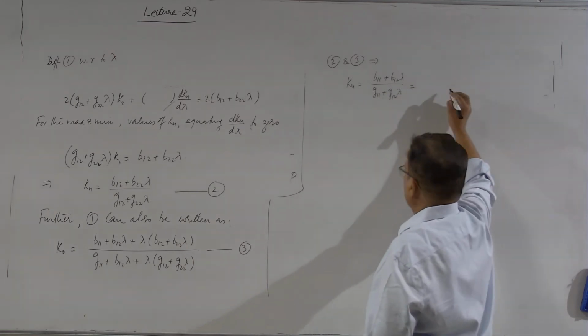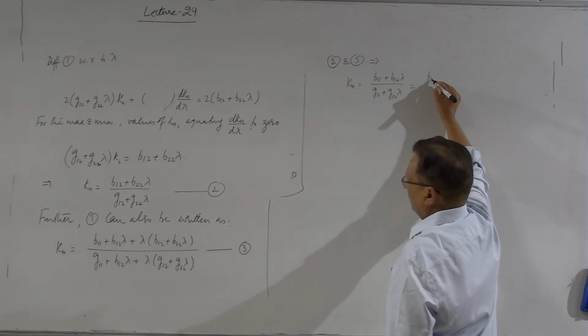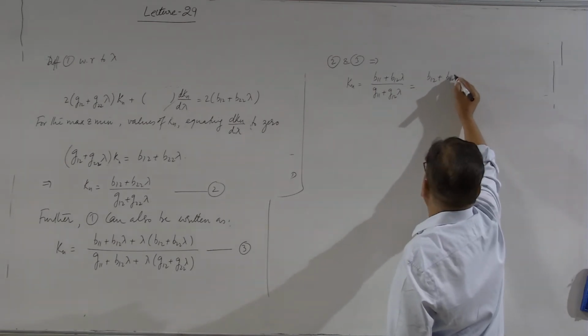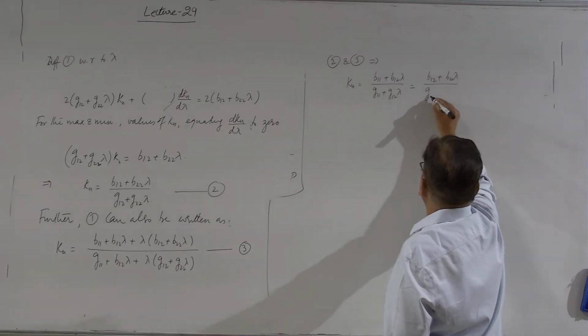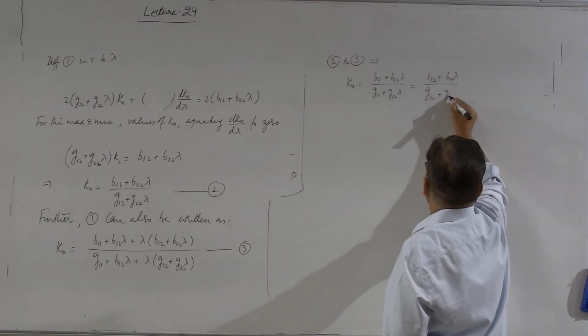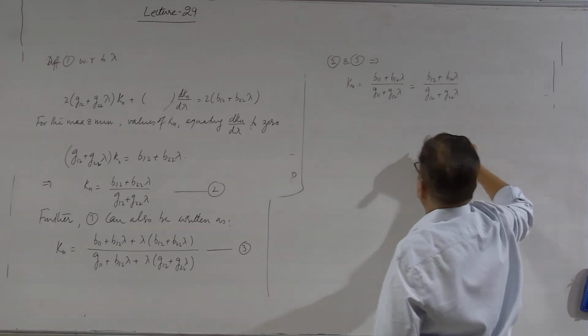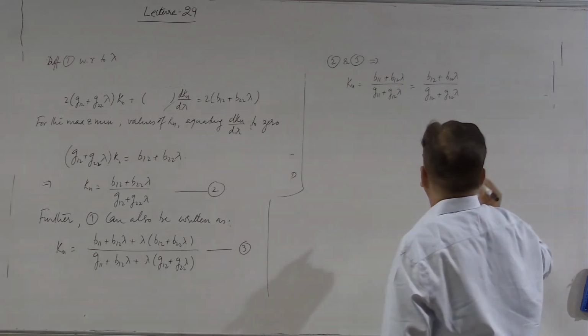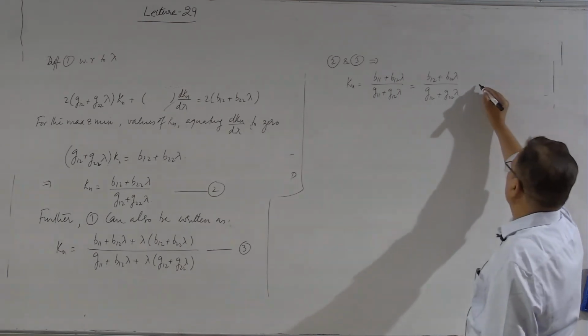This is same as, B12 lambda will be cancelled out, (B12 plus B22 lambda) upon (G12 plus G22 lambda). So, these are two equations in fact, but anyway you can call it 4.